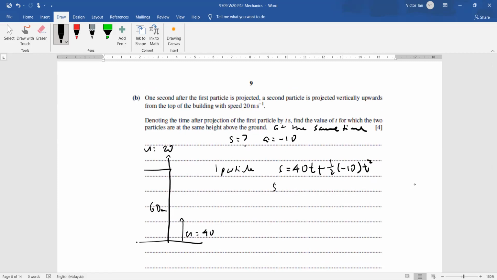So this is 5T squared minus 40T plus S equals 0. Second particle, S plus 60, because it's 60 above the ground, equals 20, one second later, so T minus 1, or T plus 1, plus half minus 10 T plus 1 squared.